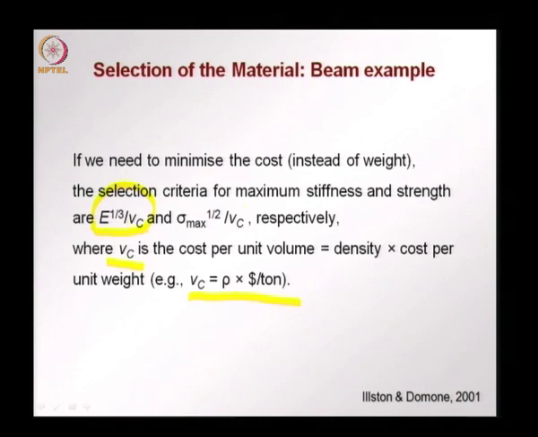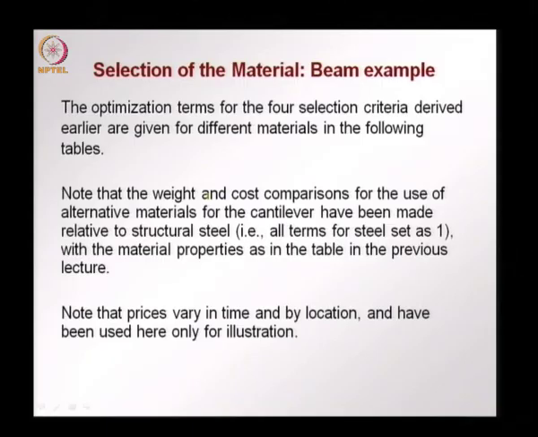In terms of strength, we find that we have to maximize the term given as the square root of the strength divided by the cost per unit volume to get a beam of the lowest cost but the required strength. So, these quantities we will try to look at in terms of numbers.